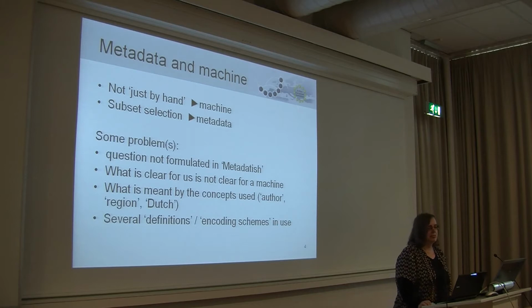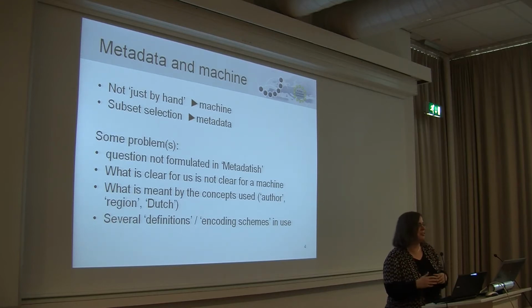And well, there are several definitions around, because there are several encoding schemes around, as you heard in the previous talk about all these metadata schemes. Some are broader and others are narrower, so it is not really a guarantee that what is called an author in one set is exactly the same as an author in another one, or they may use different names for it.